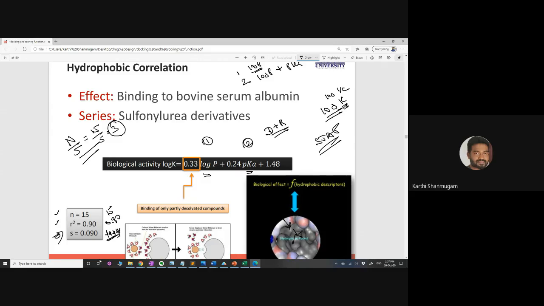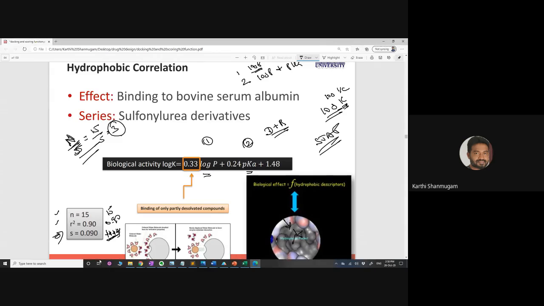Yes, sir. So how many descriptors can we use at maximum according to the n by 5 rule? We can use 3 descriptors, but they have used only 2 descriptors. Is it understandable? Yes, sir. Okay.